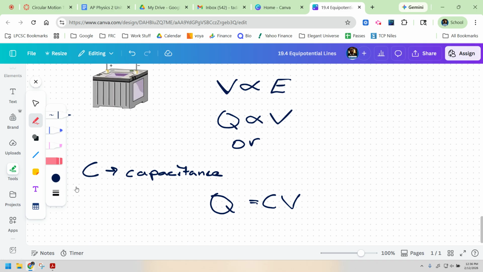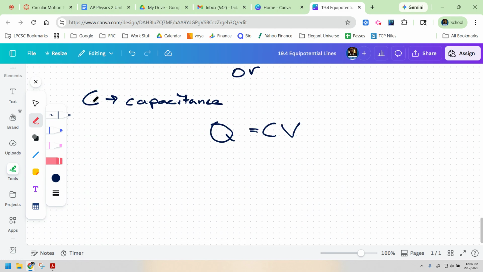Now, if I take that same equation and I solve for capacitance, I see that my capacitance is actually equal to my charge divided by my potential. And so this is how we measure it.